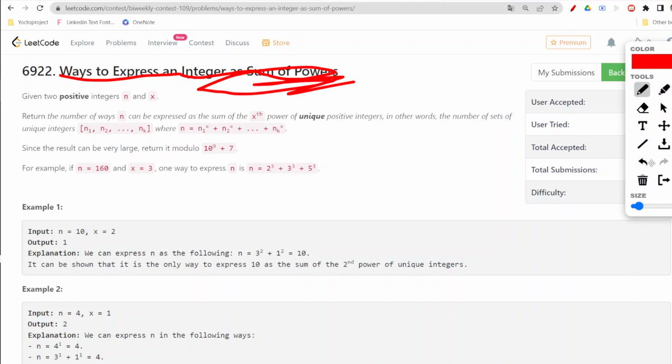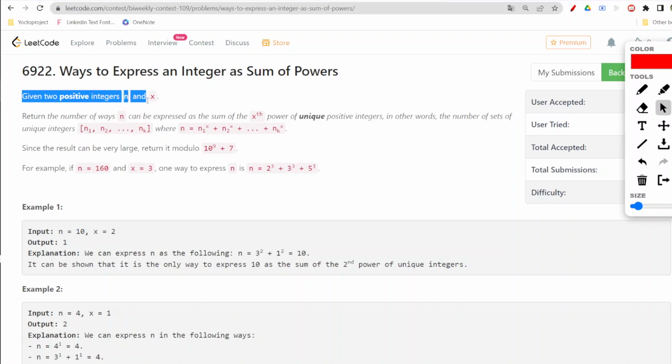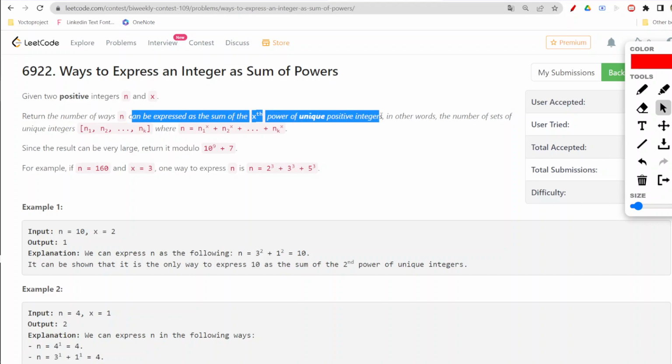So basically, what the question says is that given two positive integers n and x, return the number of ways n can be expressed as the sum of the xth power of unique positive integers.